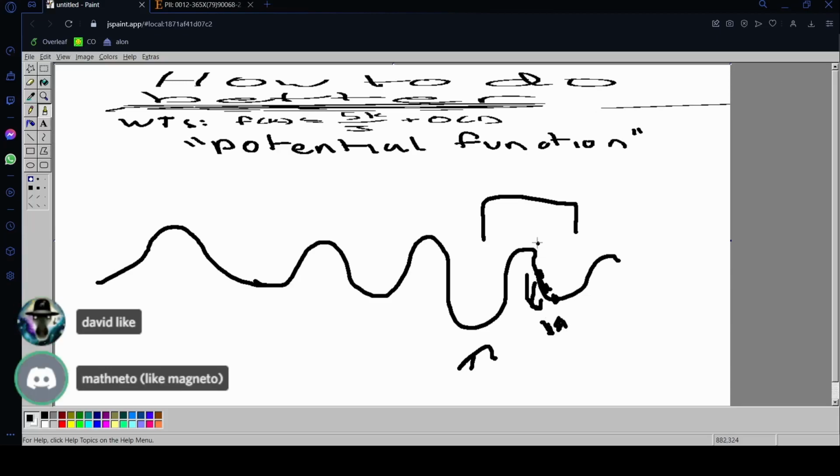This local approach isn't optimal, but it does a decent job, and it only uses a little bit of information. It just says what's the derivative at the point I'm at, rather than what does the entire function look like.